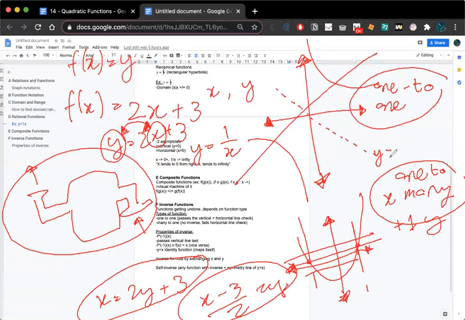Oh, and something else you can know is basically if you have y equals x, that's the identity function, or like the source of the mirror. It's called the identity function, and I don't know why it's called that.